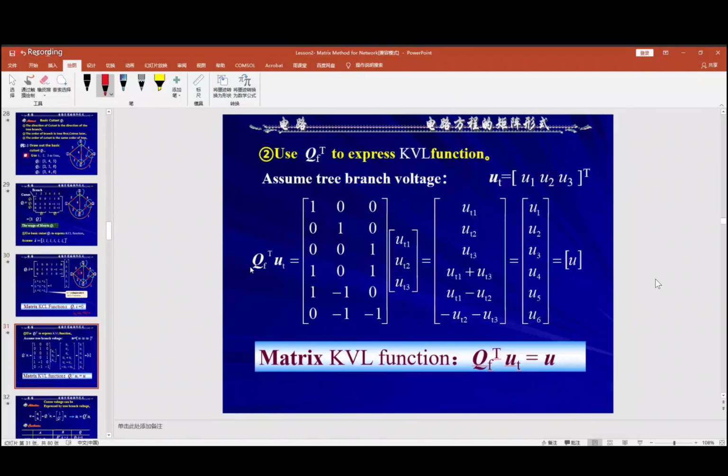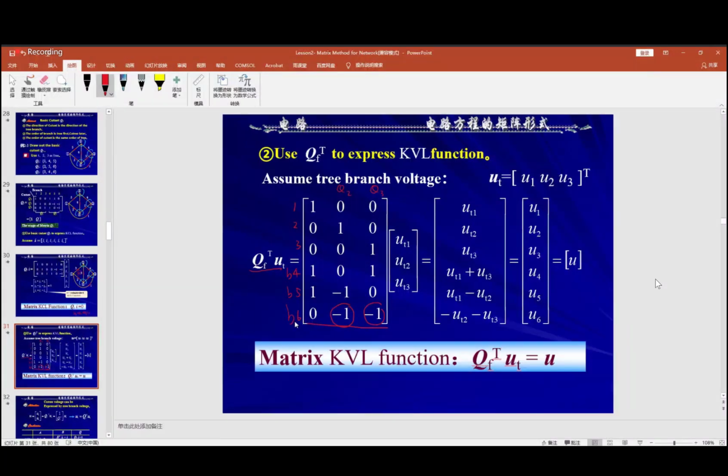So the Q transform multiply UT will equal every branch voltage. This is tree 1, 2, 3, and 4, 5, 6. For this row, we can find two positions are not 0. This means B6 appears in Q2 and also in Q3.